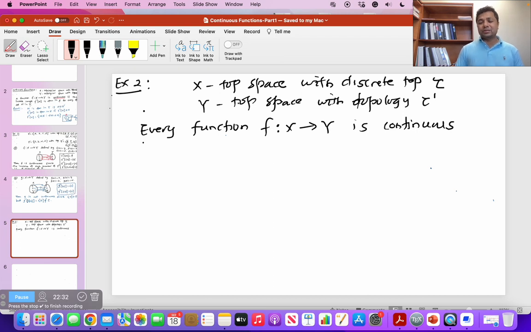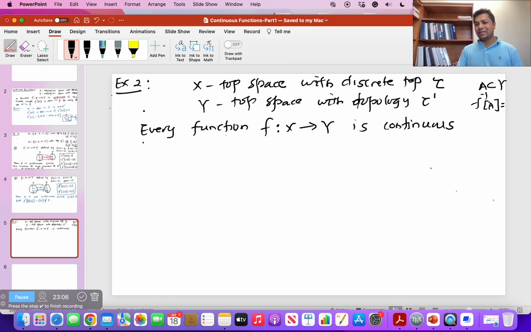If we take any function from X to Y, that's going to be continuous, because if you take the inverse image of an open set, let's say A is an open subset of Y, then the inverse image of A is obviously going to be a subset of X, and we know that in the discrete topology any subset of X is in the topology.